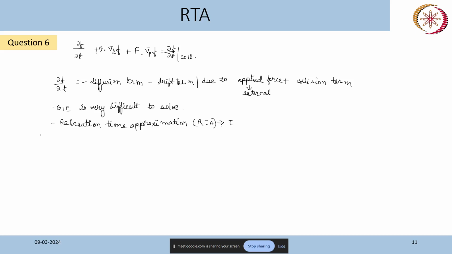In device simulation software, the BTE is solved with the help of the relaxation time approximation, along with Poisson's equation.